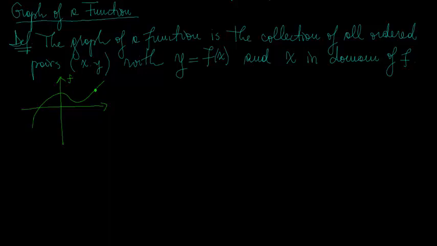Well, just like in the case of equations, out of all the points in the Cartesian plane, I have selected those with the property that the x and y coordinate of any point on that line satisfy the equation y equals f of x. So as an example, let's say that I give you the function f going from R to R, and f of x is x squared.